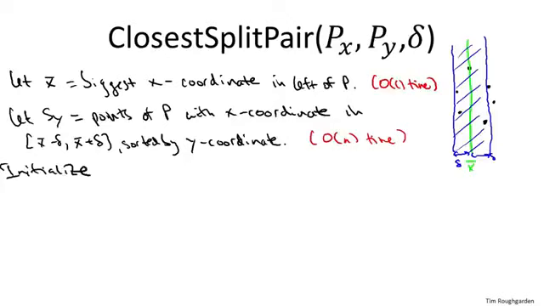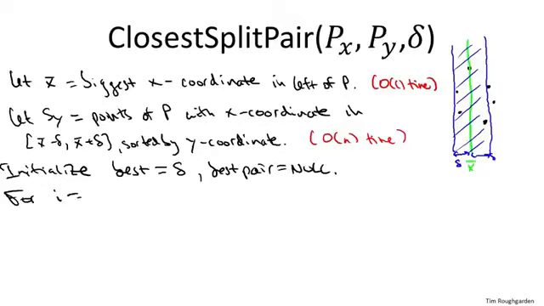So let me introduce some variables to keep track of the best candidate. There's going to be a variable best, which we initialize to be delta. Remember, we're uninterested in split pairs unless they have distance strictly less than delta. And then we're going to keep track of the points themselves, so we'll initialize the best pair to be null.